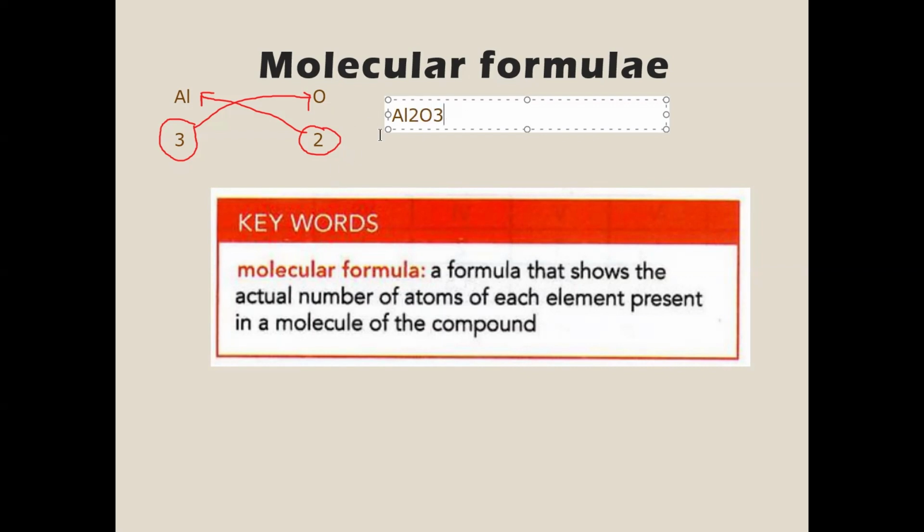And they can't be simplified more. Again, we do that to form a compound. And this is simply how many atoms of the first element need how many atoms of the second element to form a compound. So 2 atoms of aluminum will bind to 3 atoms of oxygen.